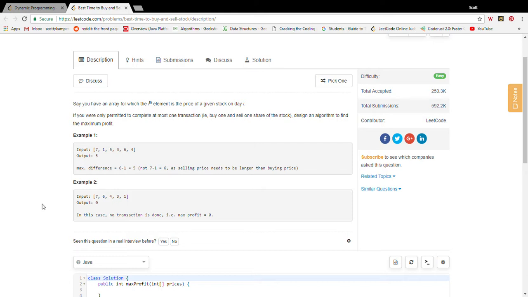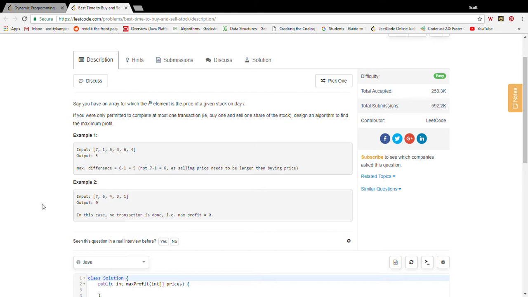Because if we know the minimum stock price of the days up through i plus 1, then we know that the max profit we can earn on day i plus 1 will be the price at day i plus 1 minus the minimum previous price we've seen. So we compute that, and then all we have to do is determine, is that profit greater than the max profit from day i?